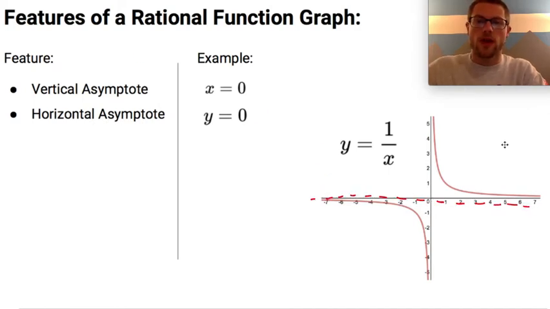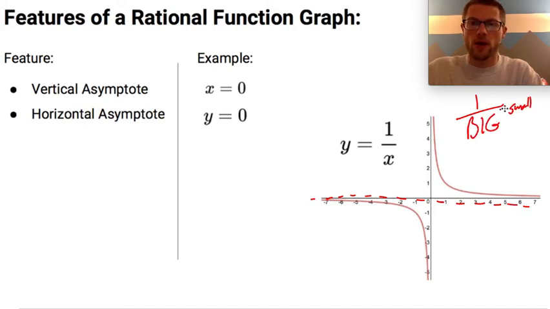Basically, this means that as x goes to positive and negative infinity, the y values get closer and closer to this value. As x gets really big, 1 divided by an enormous number is really small, almost 0 but not quite. It will never equal 0, but it gets really close. That's what this asymptote means: it's approaching, but not touching that value.